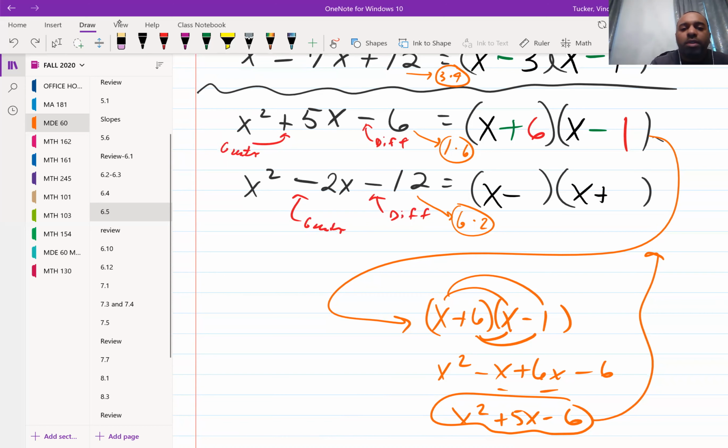I think that was supposed to be a 4 right there. I made a mistake and put 2. So we're looking at 6 and 2.